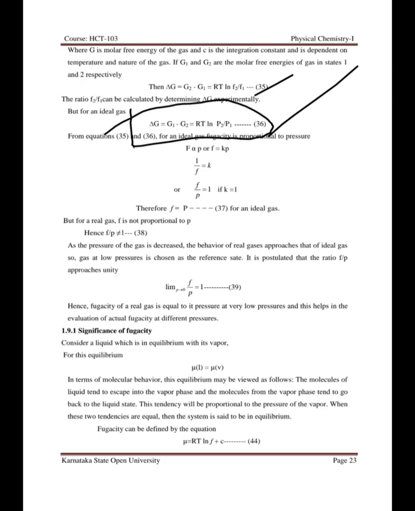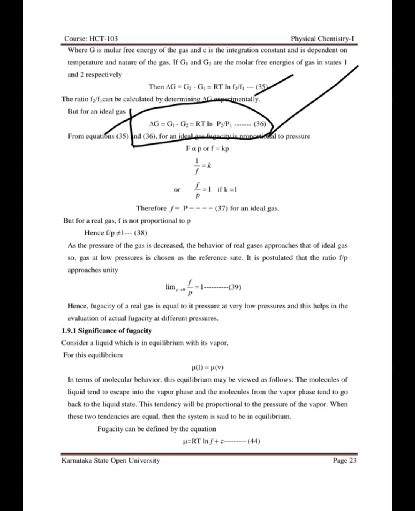So the molecules of the liquid tend to escape into the vapor phase, where the molecules from the vapor phase tend to go back to the liquid phase. So here there are two changes, from state 1 to state 2 and state 2 to state 1. That is, the molecules convert from liquid to vapor, that is state 1 to state 2, and vapor to liquid form, that is state 2 to state 1.